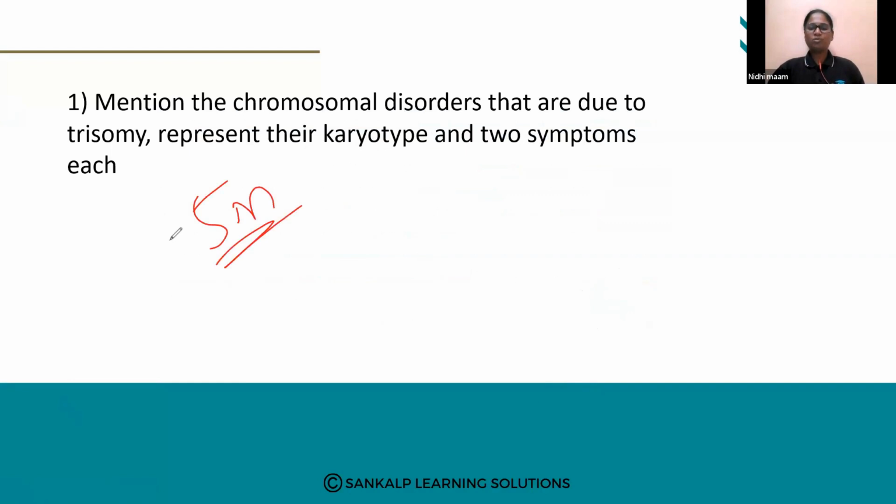Mention the chromosomal disorders that are due to trisomy, represent their karyotype and 2 symptoms of each. We have to mention karyotype and symptoms. So please write down this question, don't forget. I will let you know how to write this kind of questions.